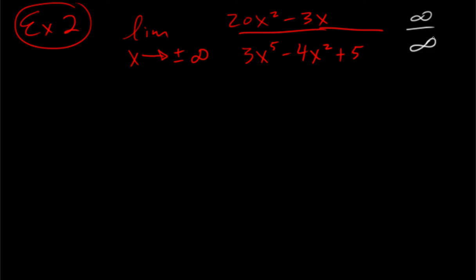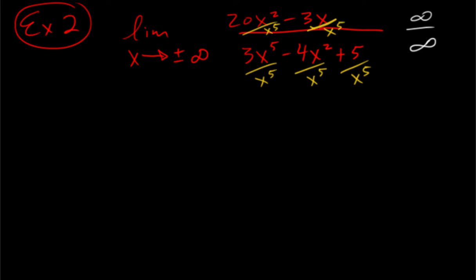Now what we're going to do instead is divide everything by the largest power of x. So I'm going to divide everything on top and bottom by x to the 5th.